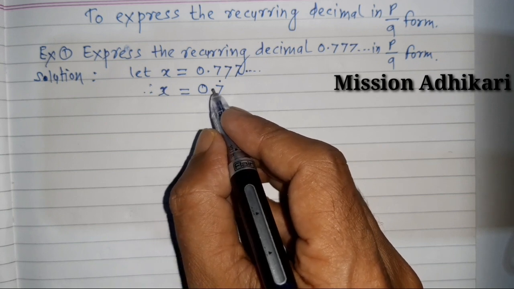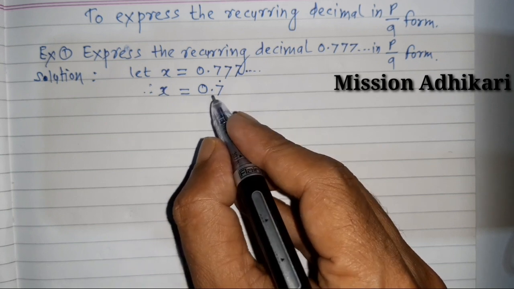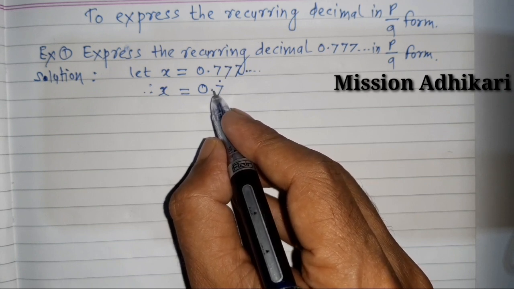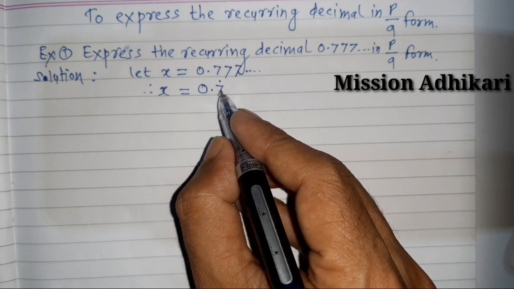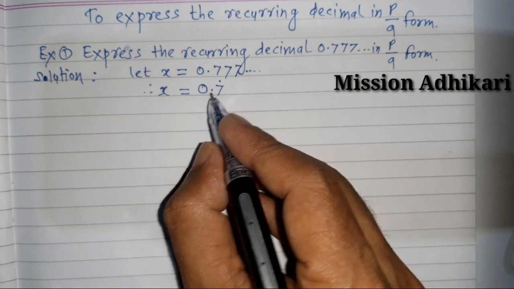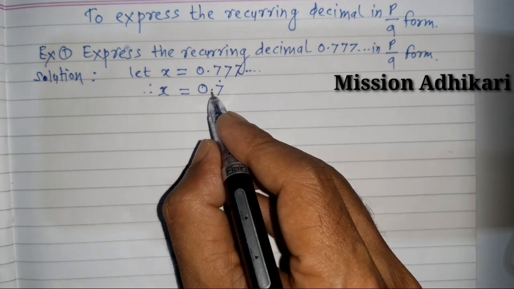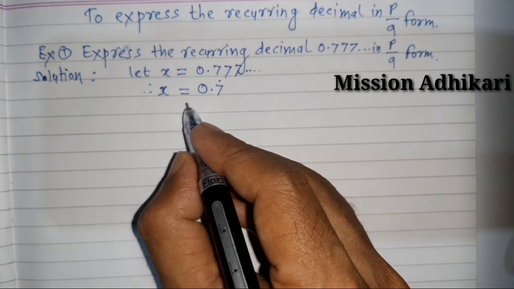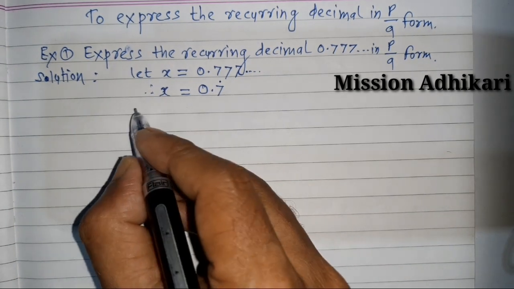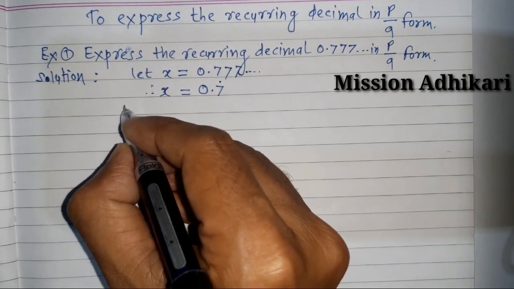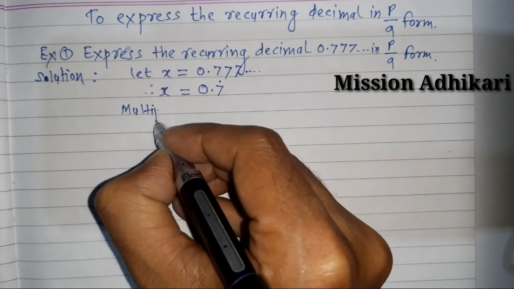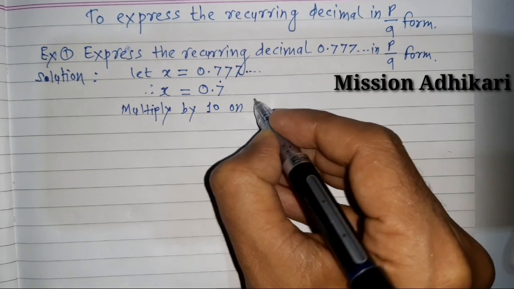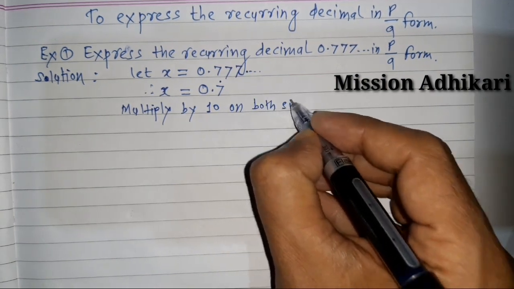When we multiply, initially we see the number of digits after the decimal point. Here the number of digits after the decimal point is 1, so we multiply by 10. If the number of digits after the decimal point is 2, then we multiply by 100. Therefore multiply by 10 on both sides.